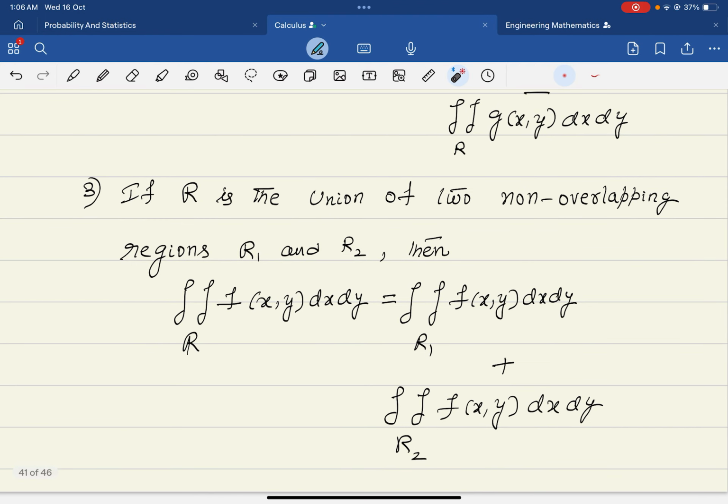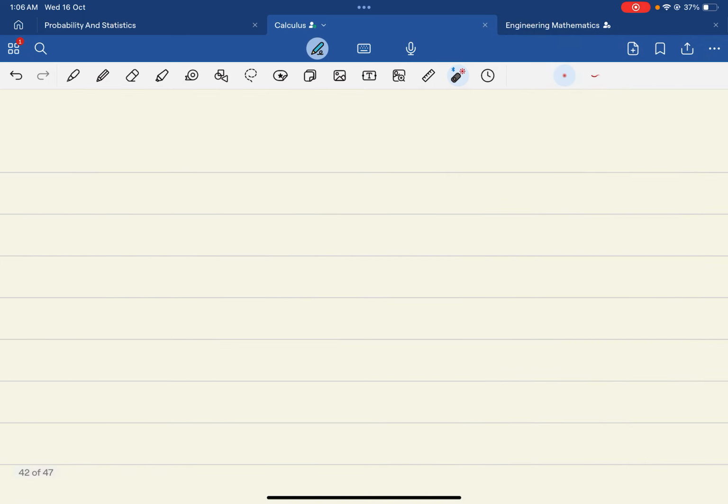Now let us come to the evaluation part of these double integrals. Evaluation of the double integral: this is with constant limits and variable limits. These are the two things.